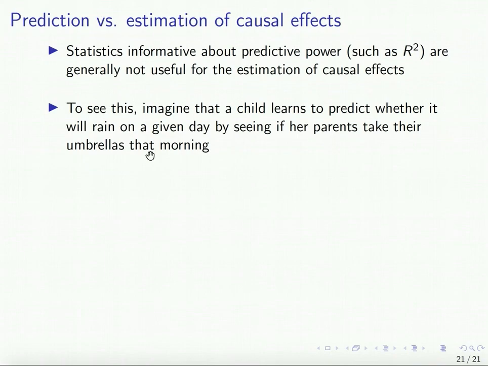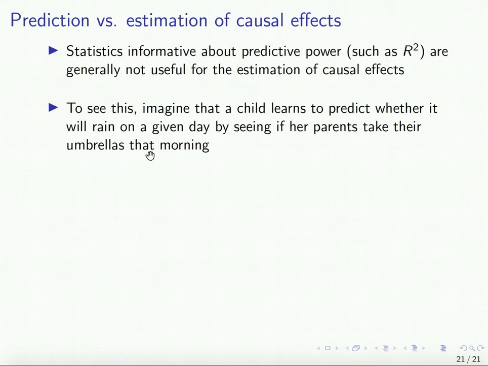Well, we know why. Parents have access to weather forecasts, and so the weather forecasts are going to tell them today it's going to rain. You should take your umbrella. So from the perspective of the child, knowing that your parents are taking an umbrella that morning means that you can predict it's going to rain with very high accuracy, okay? With just about the same accuracy as the weather forecast. And so your prediction in that case is going to be very good.